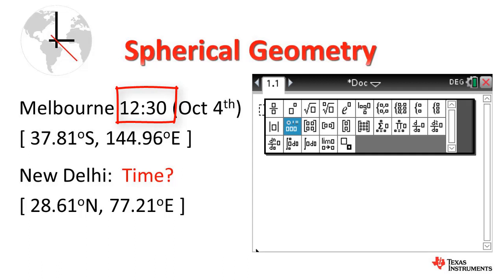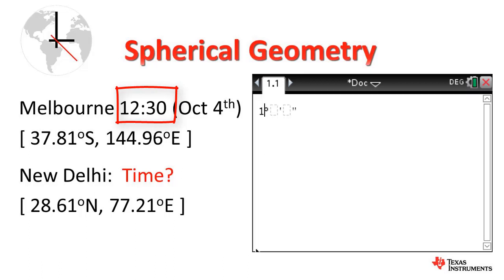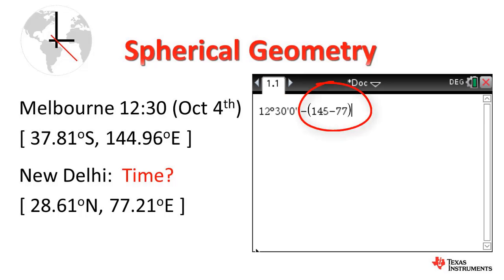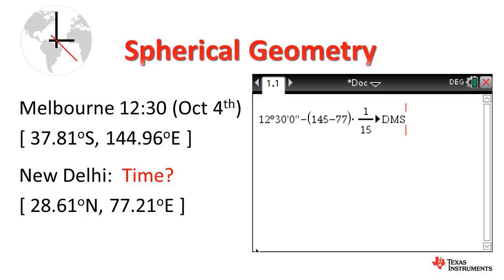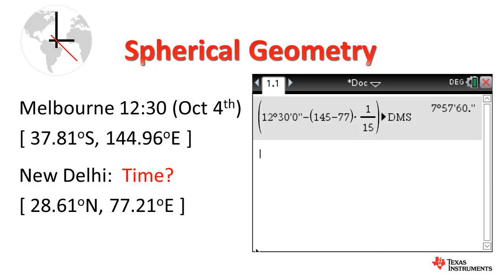Okay, so that's the Melbourne time. Because we know New Delhi is behind Melbourne, that's why there's a minus over there, and that's the longitude difference between Melbourne and New Delhi. So 145 minus 77. That would mean the time in New Delhi would be 8 a.m. when it is 12:30 in Melbourne. So this is actually giving us the time.